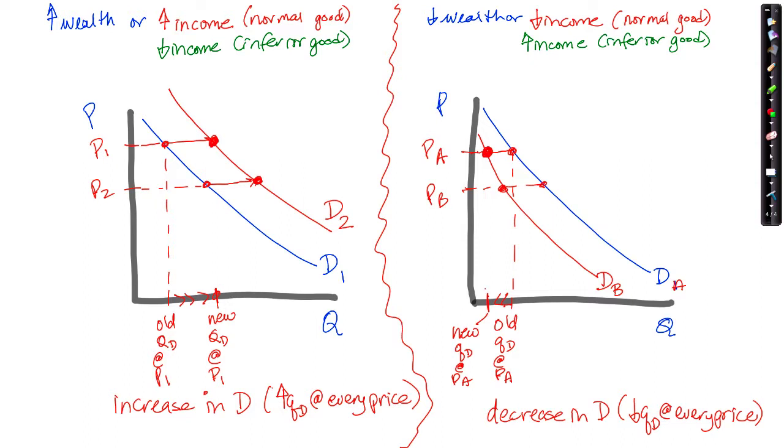But if it was an inferior good with regard to wealth, harder to think of examples, a decrease in wealth with an inferior good, one that responds inversely to wealth, would increase demand, and an increase in wealth with an inferior good would decrease demand.